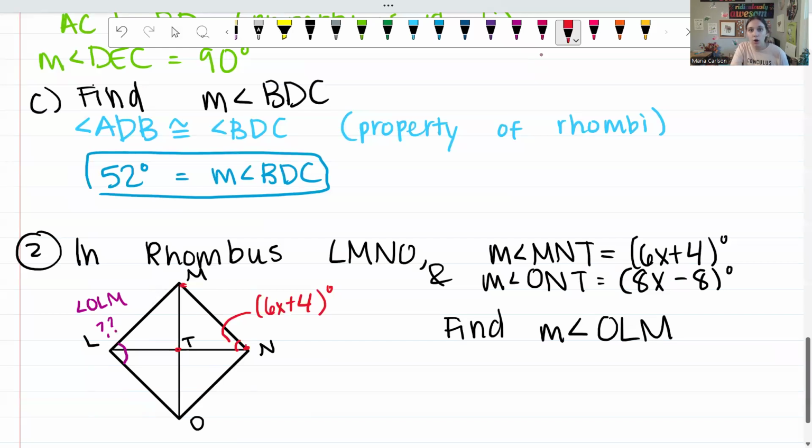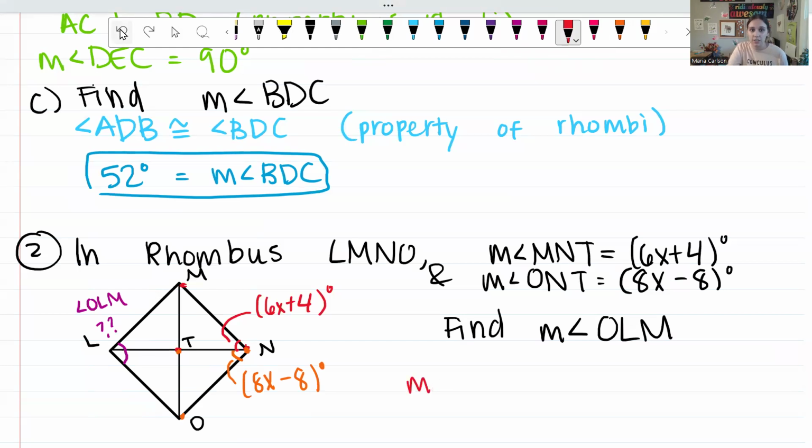And then ONT, this other angle adjacent to it, is 8x minus 8 degrees.